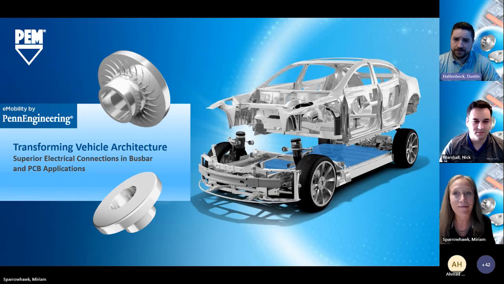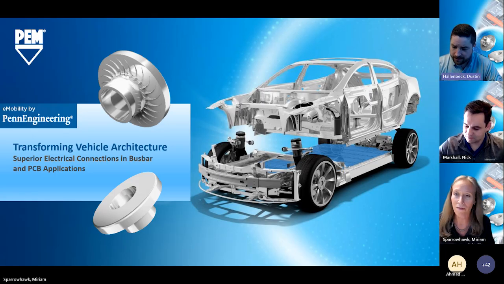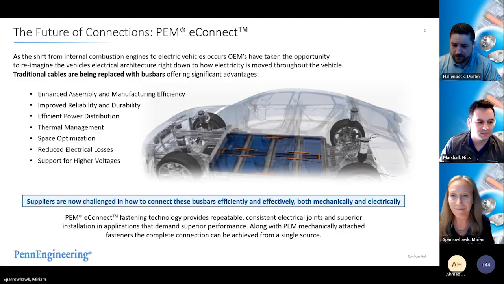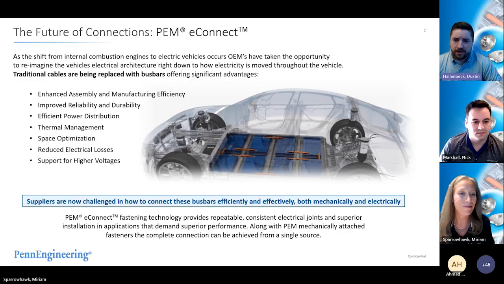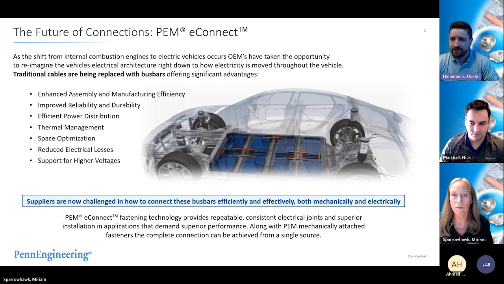Thanks, Miriam. As Miriam mentioned, I'm the Director of Field Engineering for North America. If you can switch over to that next slide, Miriam. Great, so a brief introduction here. We all know that the EV revolution is currently taking place. We're seeing a dramatic transition from ICE vehicles, internal combustion engine, to electric vehicles. This is giving a major opportunity to most of our OEMs to really redesign the structure of the vehicle itself.